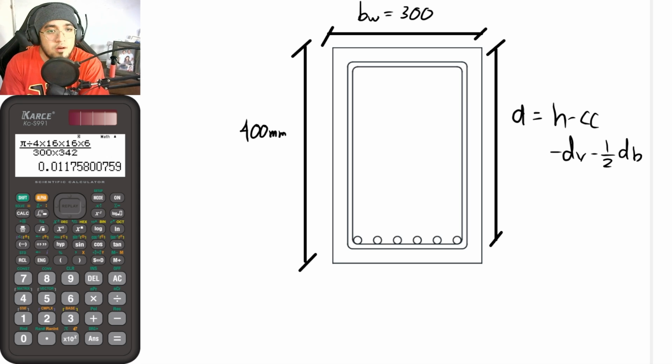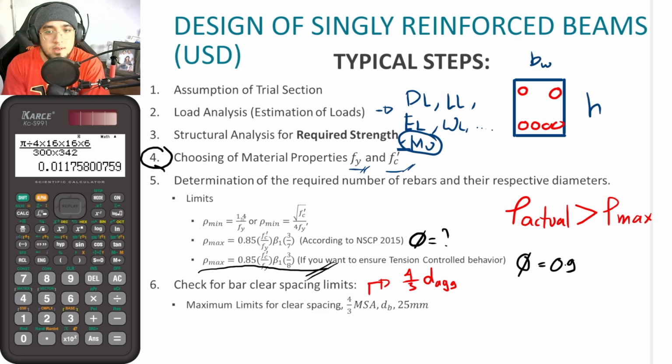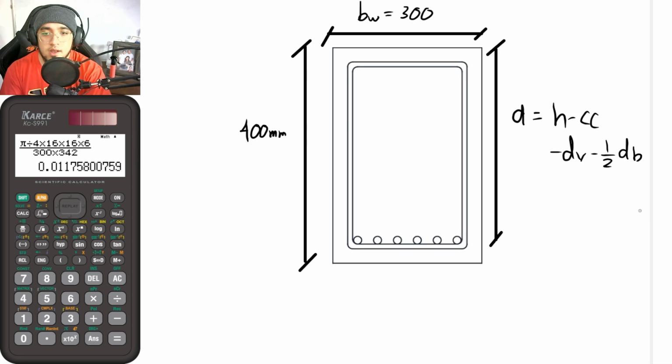Okay, so remembering our typical steps, where is the typical steps? Our last step is for us to check for bar clear spacing, or clear bar spacing. And from that, guys, we are only solving for this dimension here, or the spacing itself. Okay, so how can we solve for it?